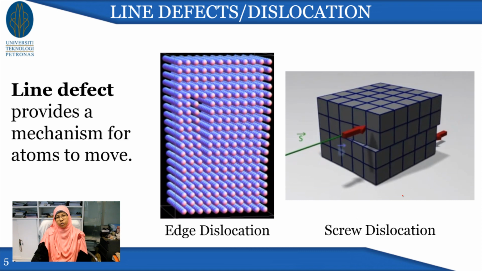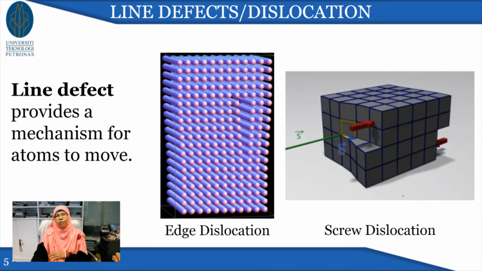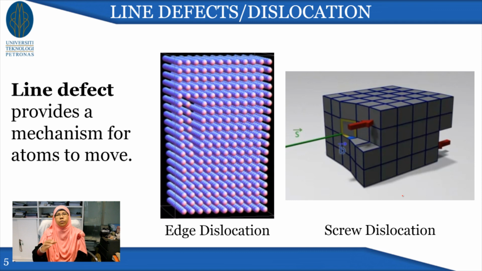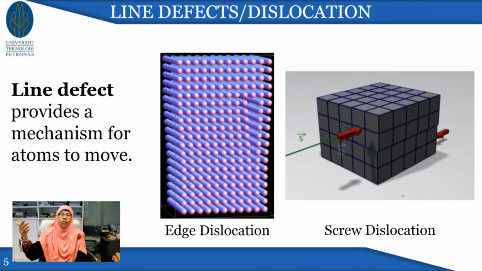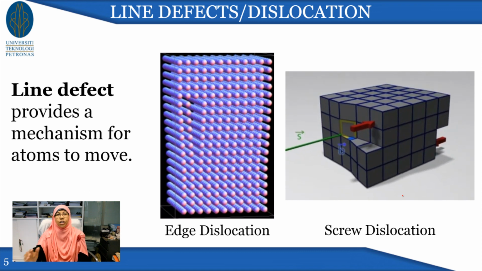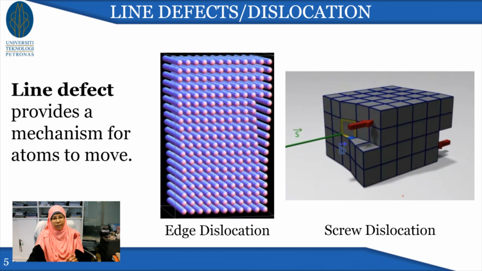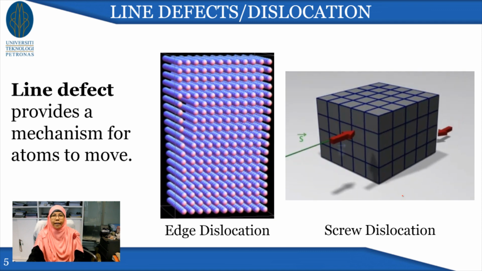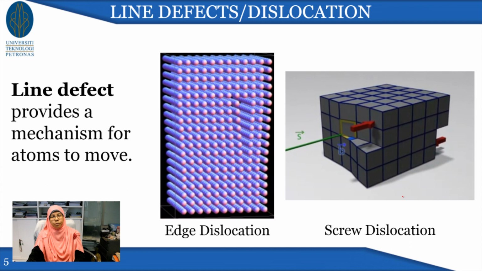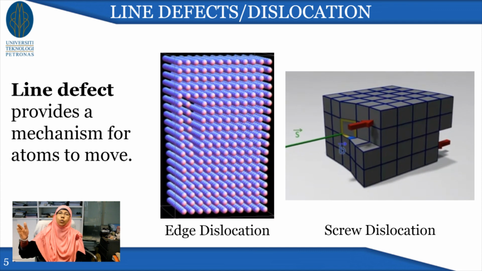Along the dislocation. Okay, not all atoms will simply move, they'll move via or through the dislocation motion. Okay, so dislocation motion helps to move the atoms from one location to another.